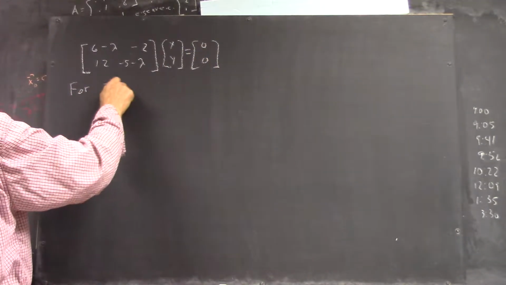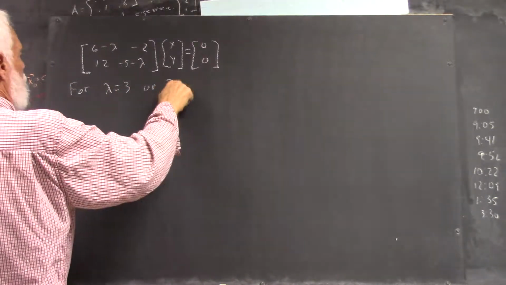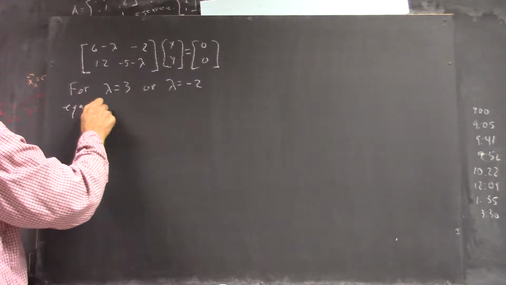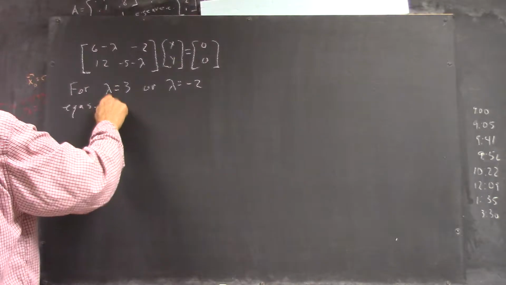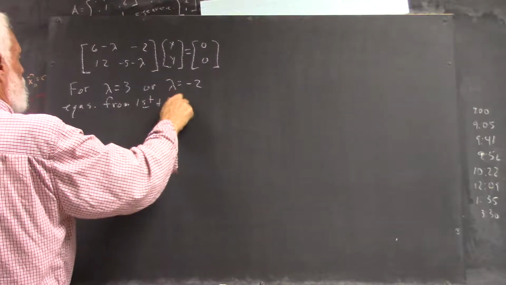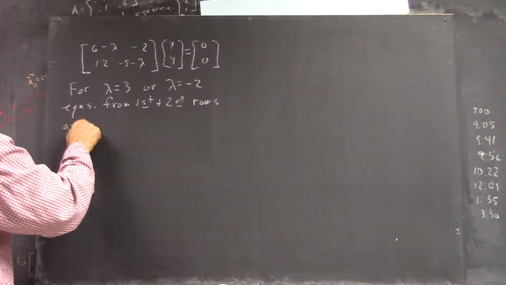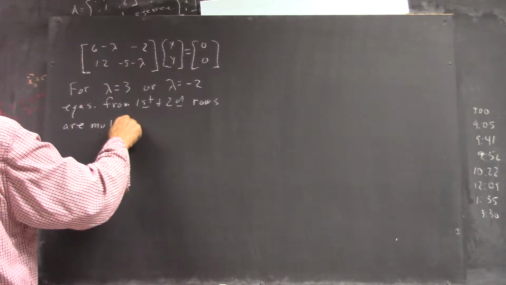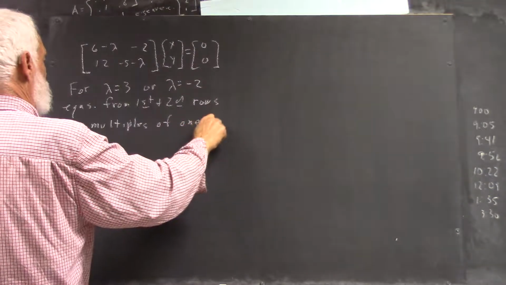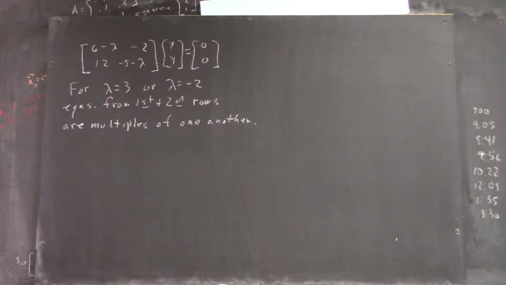And I'll say for lambda equals 3 or lambda equals -2, the equations in the first and second rows, okay.